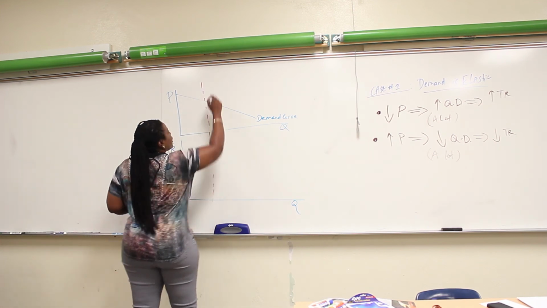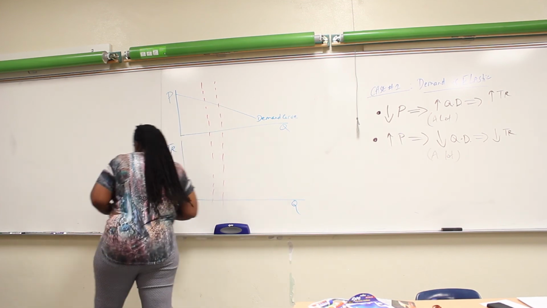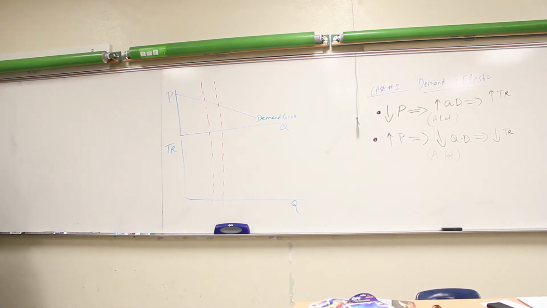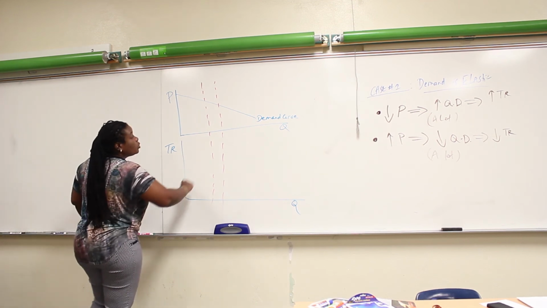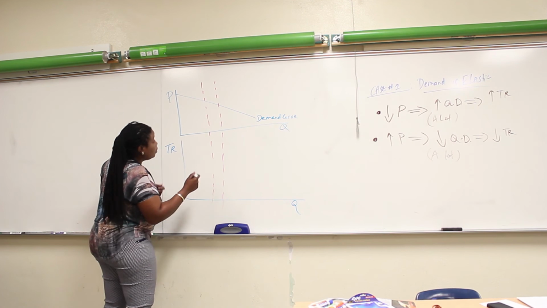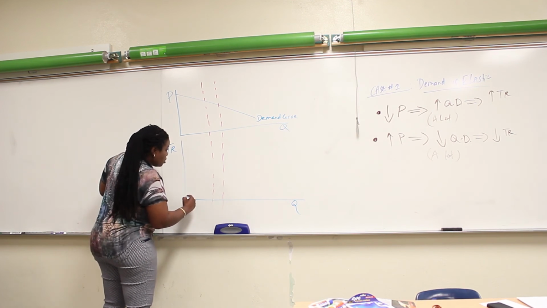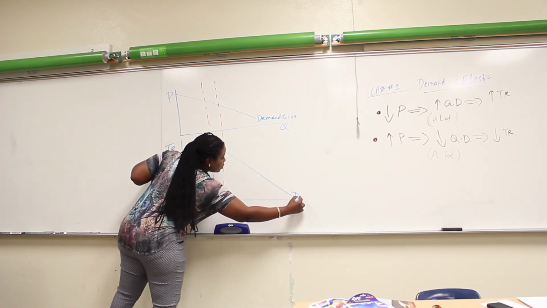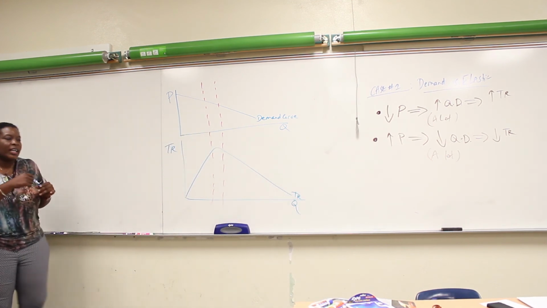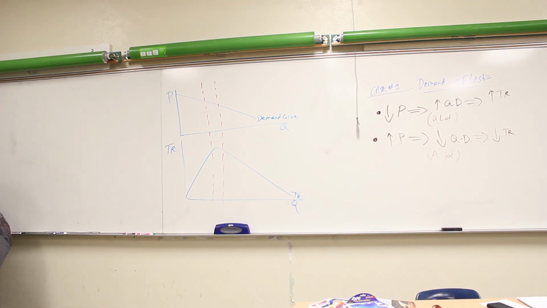Let's carve out a little area. Estimate the middle. Just carve out a little rectangle. What I'm going to put down here is the total revenue. Make the peak sit in the middle that you carved out. Just estimate it. It doesn't have to be perfect.